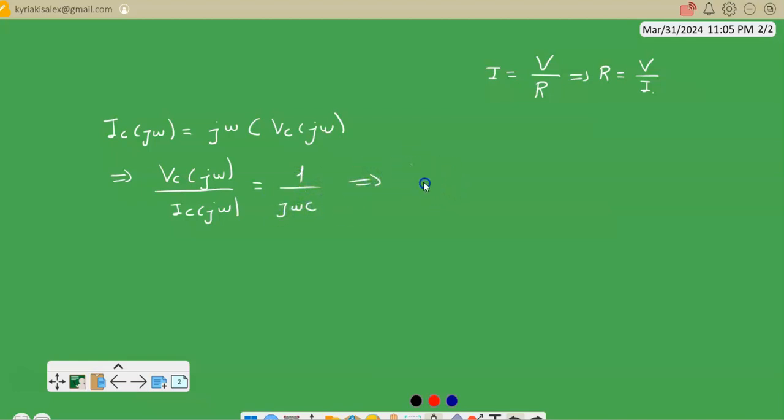The impedance of the capacitor, we use the capital X subscript C, is 1 divided by j omega C. We multiply with the conjugate and we obtain that the numerator is minus j divided by omega C. And this is the impedance of the capacitor.